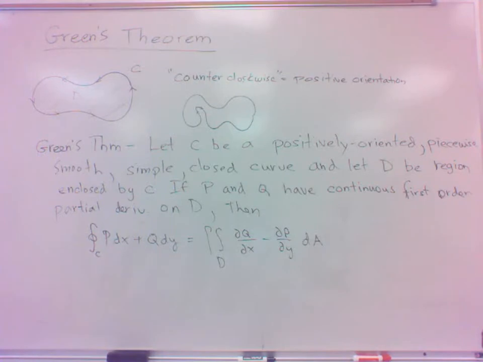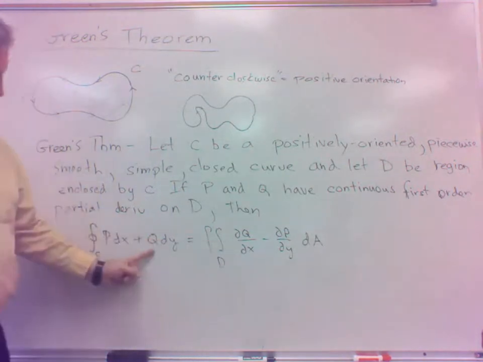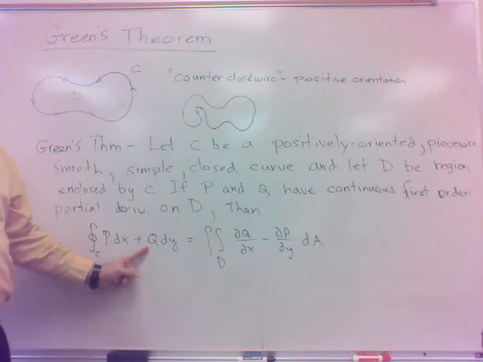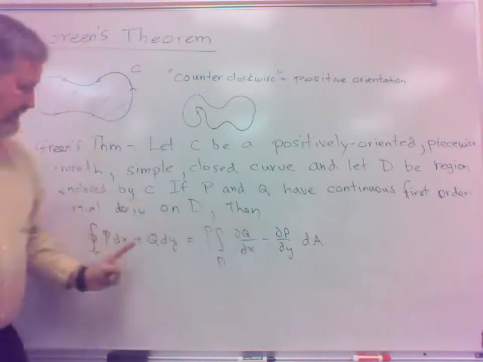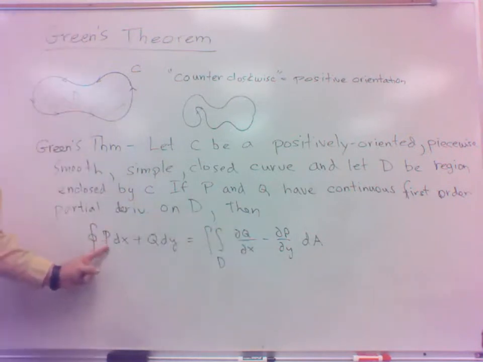So notice what you do is you take the partial of this one with respect to x, and you do minus the partial of this one with respect to y. Those are equal. A line integral equals a double integral.